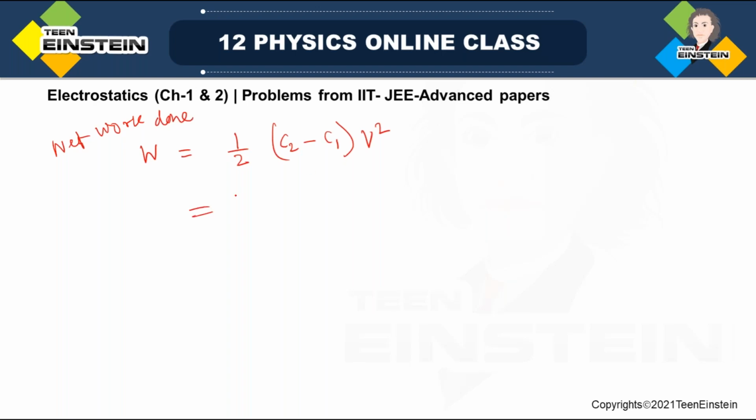So what is the net work done? We know C2 is K epsilon 0 A by K plus 1 into D, minus K epsilon 0 A by D, into V square.